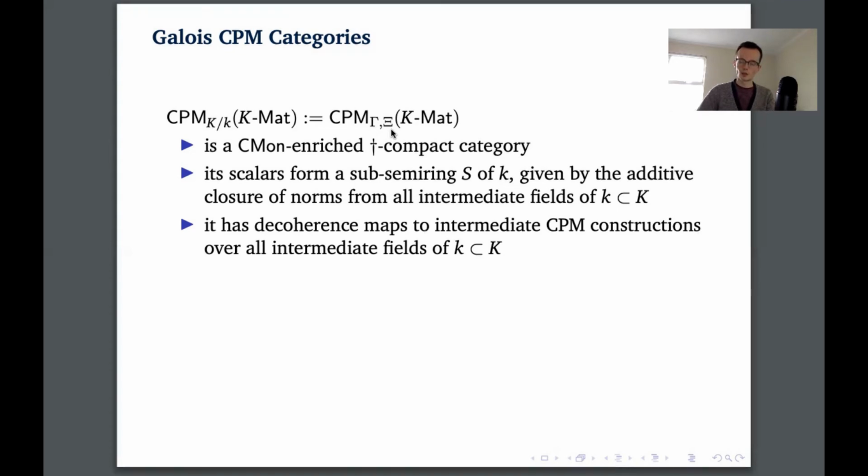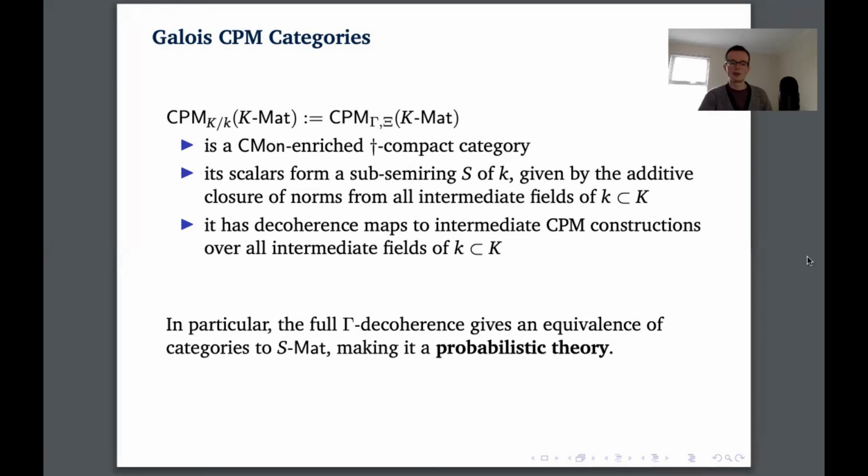These decoherence maps allow us to move down to intermediate CPM constructions over all of the intermediate fields of the Galois extension. In particular, the full decoherence due to the whole Galois group gives an equivalence of categories to SMAT itself. So that makes these theories probabilistic theories.